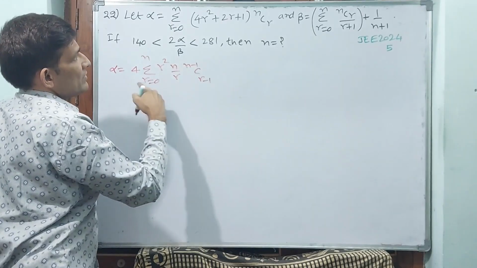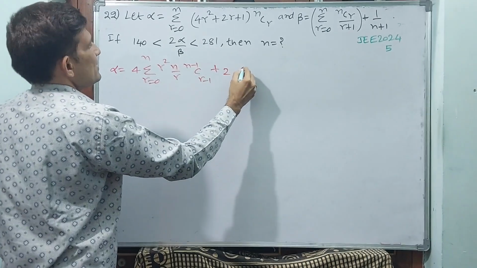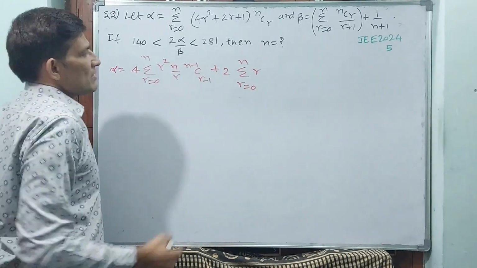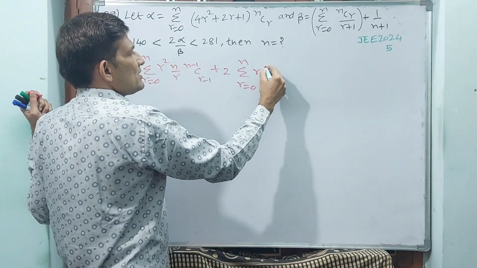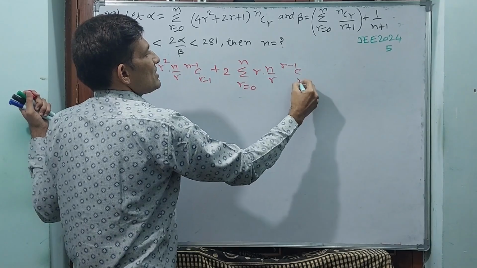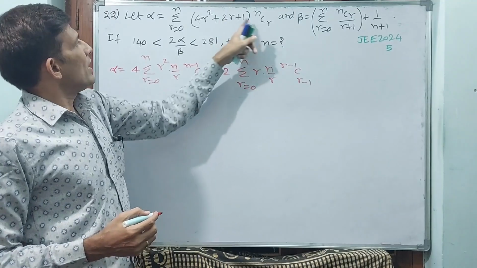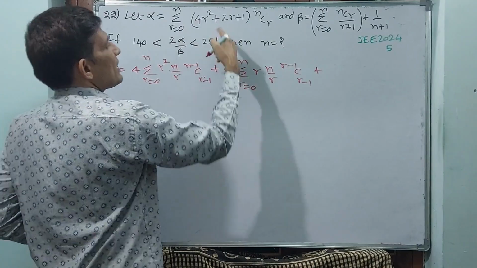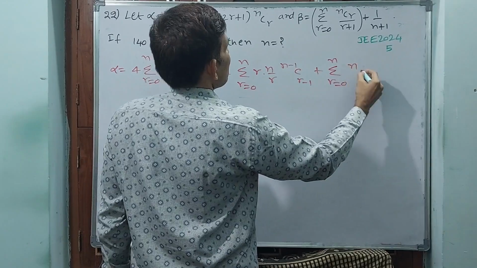Next, plus again 2, you take outside, sigma r equals 0 to n, r is there, you keep r here only because r is changing and NCR is there. Again I will take n by r, n minus 1 c r minus 1 here also. See, 2r NCR, sigma, so this is also okay. Now plus last one only 1, that means simply I will take sigma r equals 0 to n NCR.